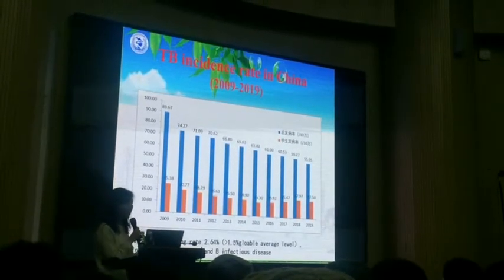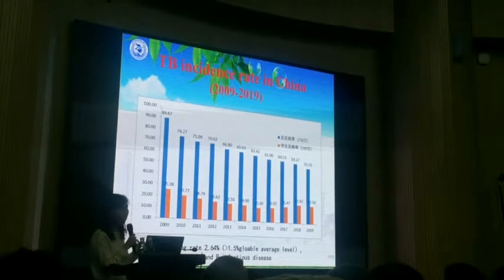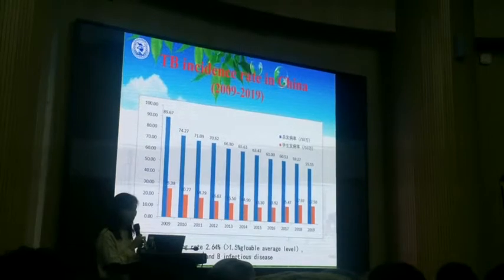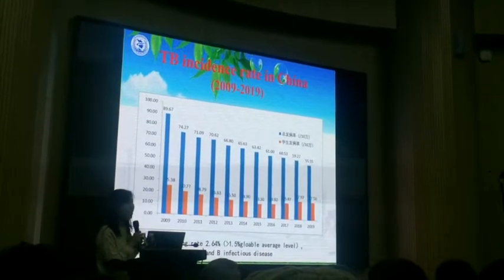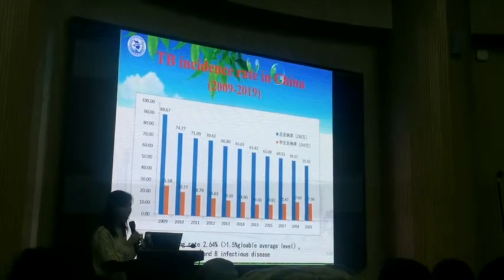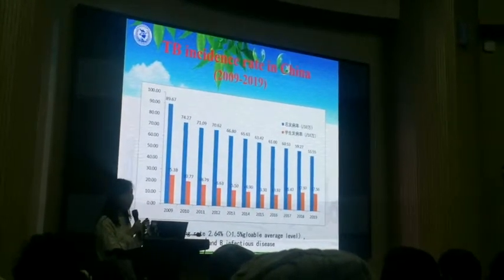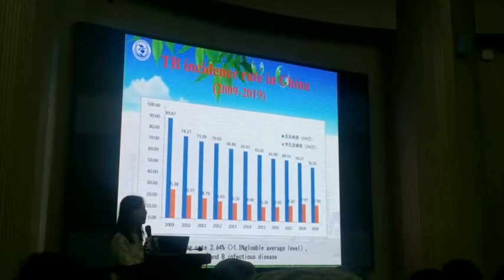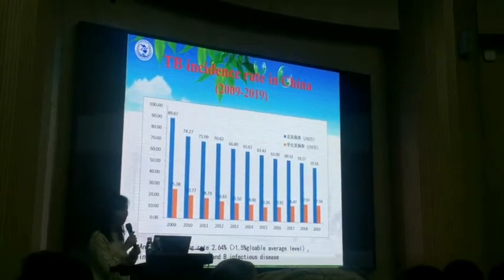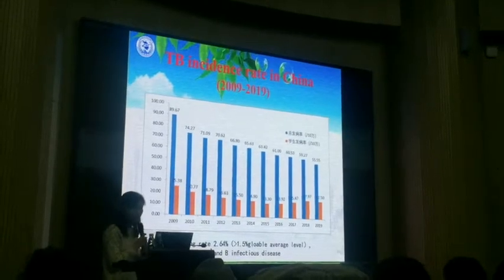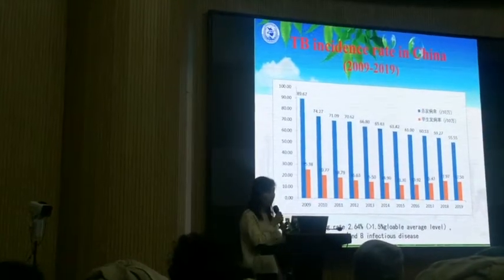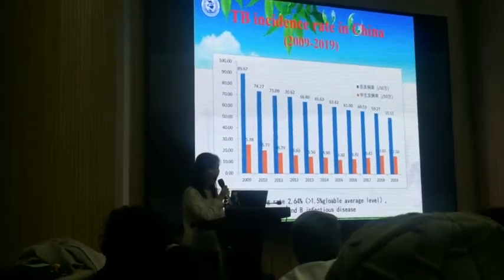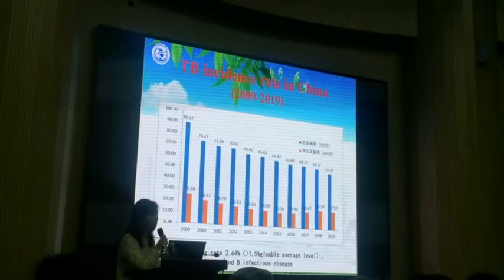The annual decreasing rate is about 2%, higher than the global average of about 1.5%. And the incidence of TB still ranks second among A and B infectious diseases in our country.